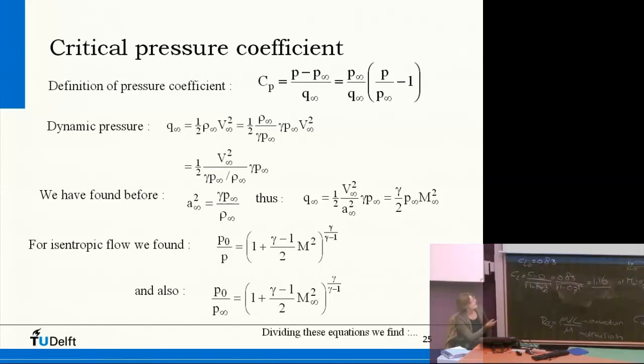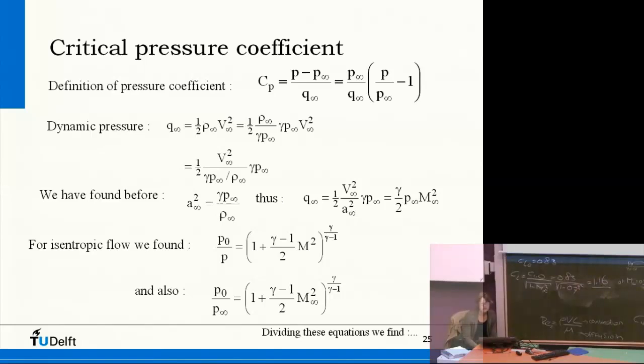So how do you derive this? Well, of course we need the definition of Cp: P minus P infinity over Q infinity. And we like Mach numbers in here. So the first thing we realize is that Mach numbers need speeds of sound, right?